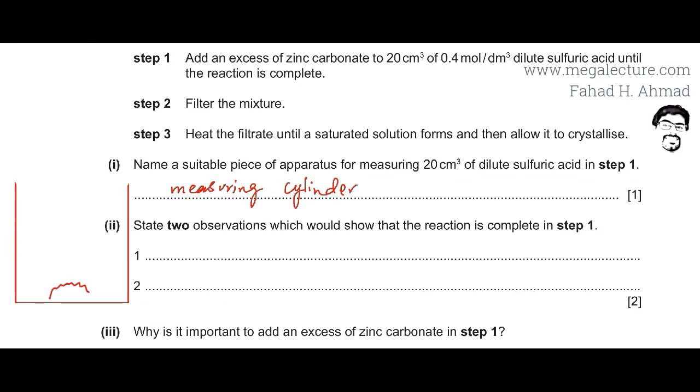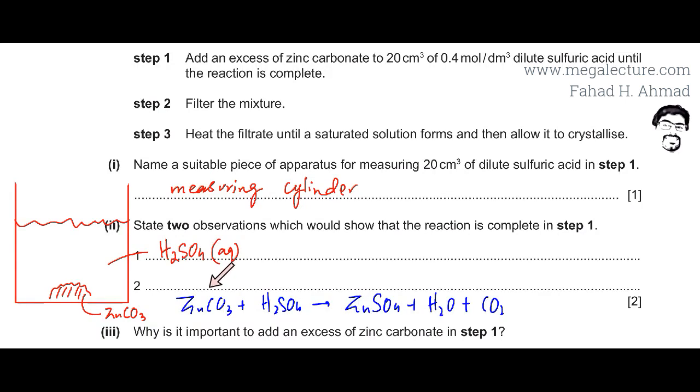Zinc carbonate is solid, so it could be in the form of powdered zinc carbonate, or it could be a solid lump. Zinc carbonate is added to sulfuric acid, which is H2SO4, and it is aqueous. I've written the reaction as well over here. Carbonates react with acids to produce salt, water, and CO2.